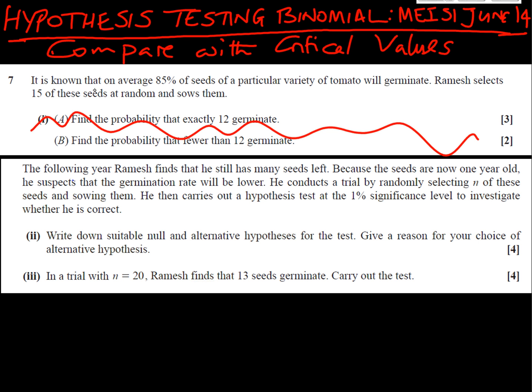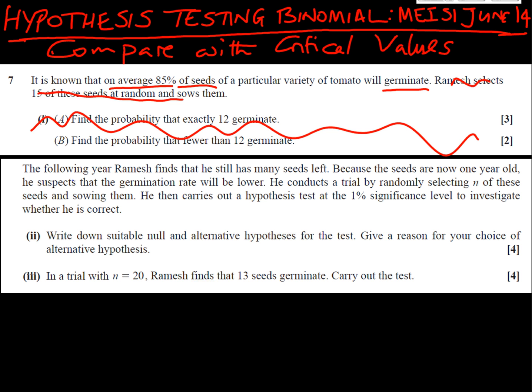Okay, first thing we do then is read the question. It is known that on average 85% of seeds of a particular variety of tomato will germinate. The next part is about the first year, and he's taken a sample of 15, so we'll ignore that and move straight on to the second part. The following year, the second year, Ramesh finds he still has many seeds left.